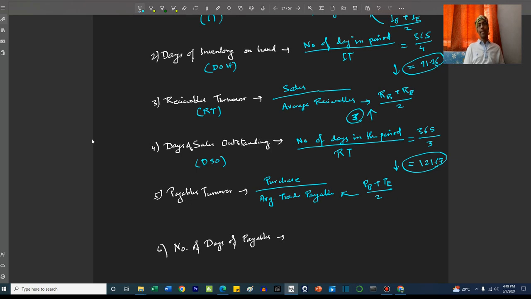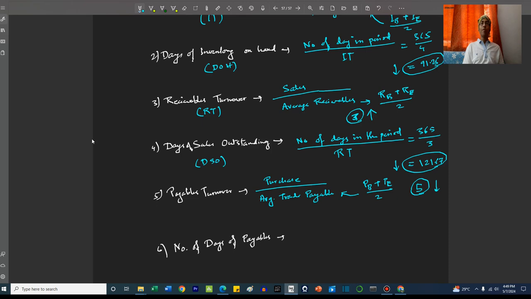So let's say this number is 5. That means 1/5 of whatever purchases are made, the payment for that is outstanding for that period. So generally, having a comfortable number here is good. A low number can be good for this, but too low may mean there is a cash crunch and the suppliers are not being paid properly. That can also be the case.